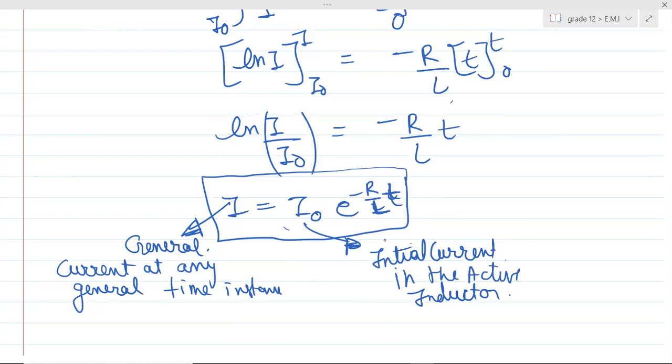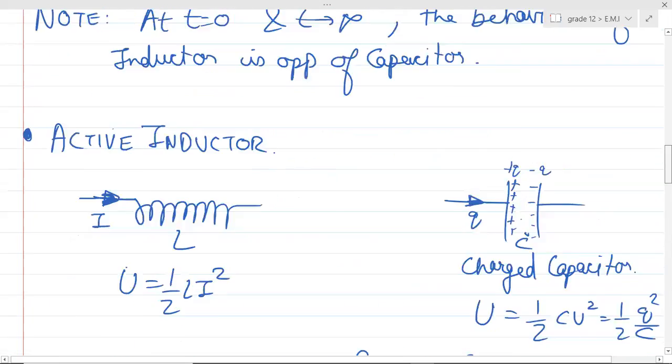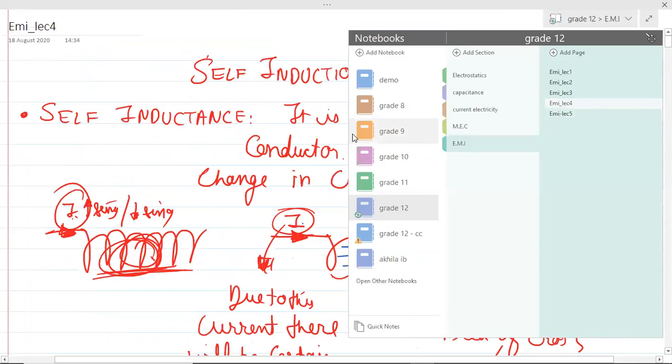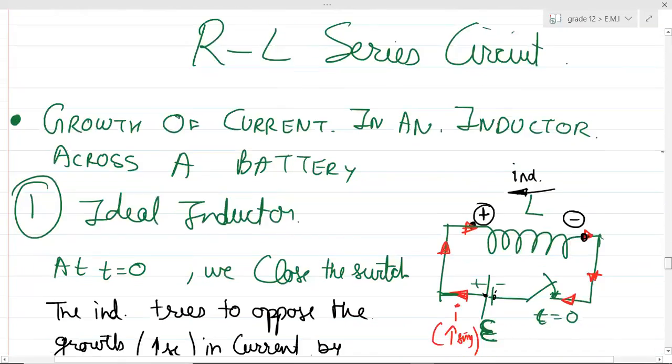And if the same circuit had a battery, the current would be constant till t equal to infinity. But you know what will be the only difference? In the previous case, when we discussed the growth part, do you remember this part, guys? Growth of current.